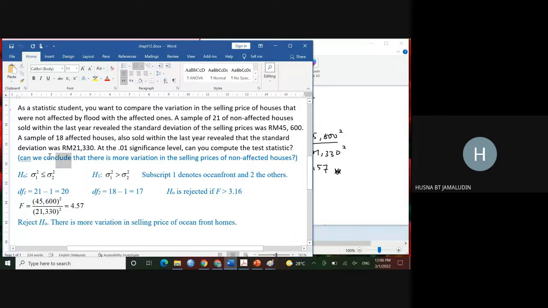You can see that the question asks you to solve the problems, which means that you have to derive all the 6 steps of hypothesis. Can we conclude that there is more variation in the selling price of non-affected houses compared to the affected? Even though they didn't put compared, you are comparing two things, right? Non-affected with the affected. Okay, so you have this hypothesis, right?